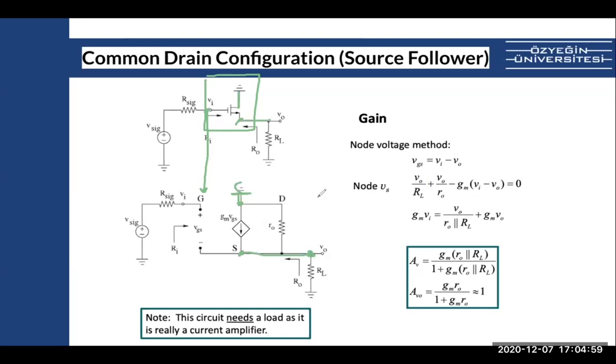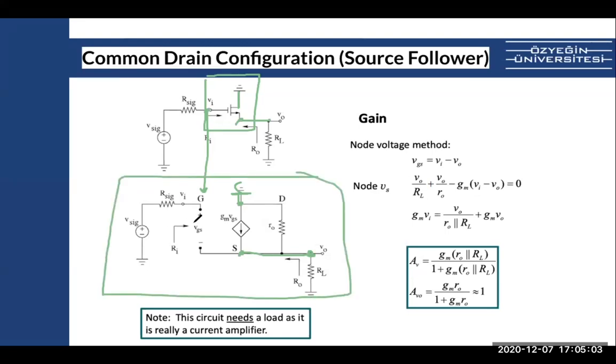Okay? So you always draw the same small signal. This is called, as I mentioned before, the pi hybrid model. Okay? Pi model. So there is also a T model, which I will probably put in the notes, but they don't really use it that much, but sometimes it helps.